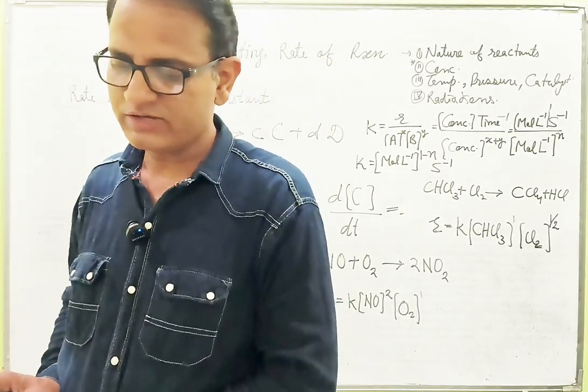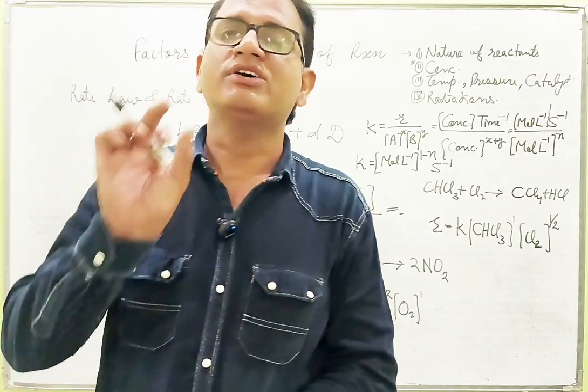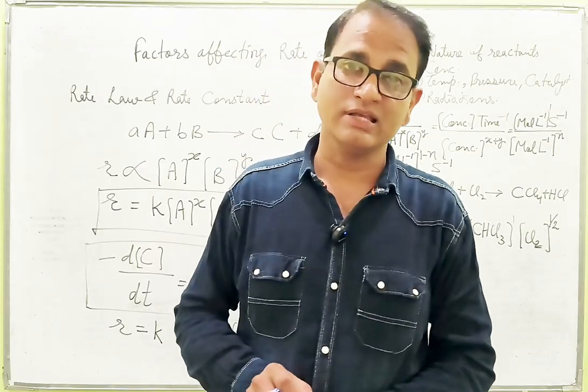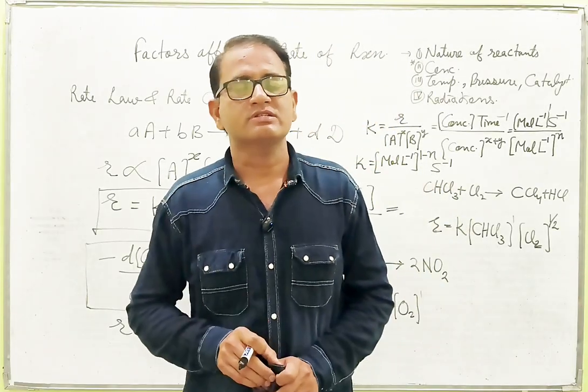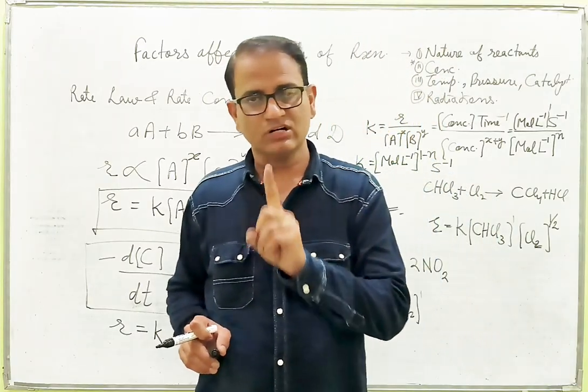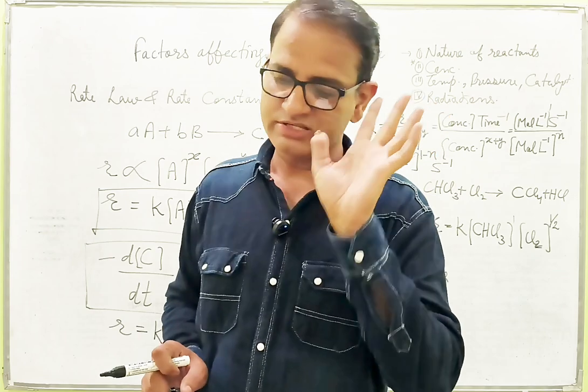A balanced chemical equation does not give any idea about the order of reaction. We already discussed this. This is a very important point. Order of reaction is an experimental value, always remember this.